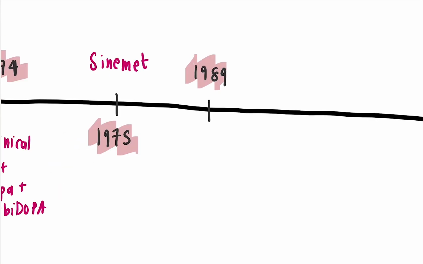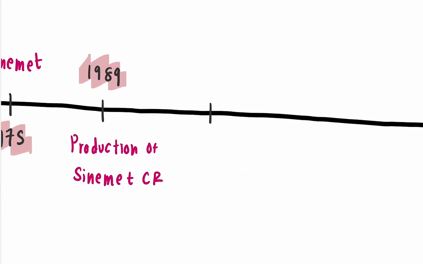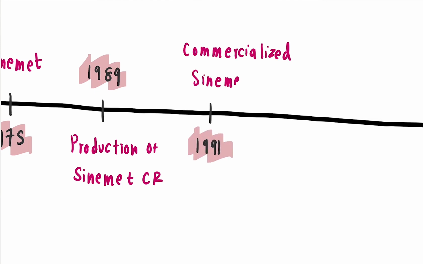This was the first combined carbidopa-levodopa drug to be commercialized, and it was later improved in 1989 with a controlled release formulation, which was shown to further prolong the half-life of levodopa. This helped in stabilizing serum levels and decreasing motor complications in these patients. And in 1991, the controlled release formulation was commercialized in the US.